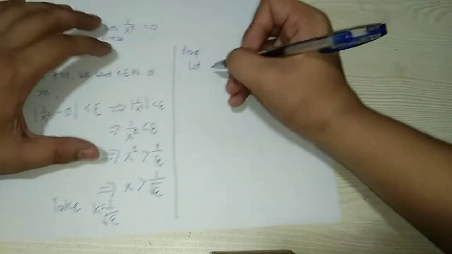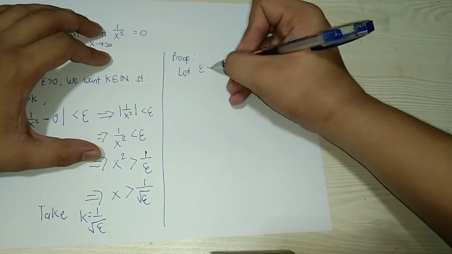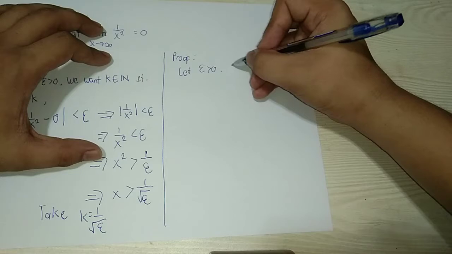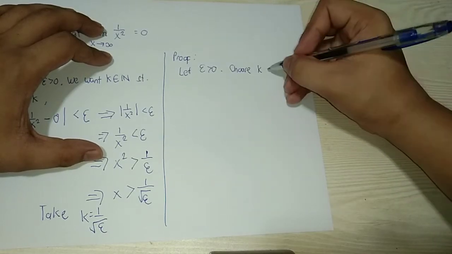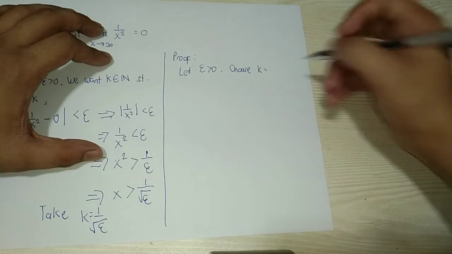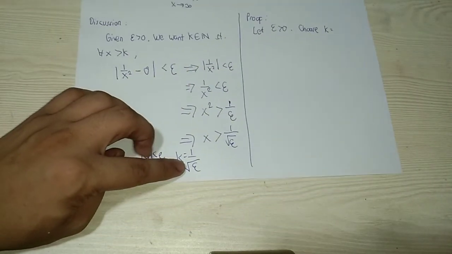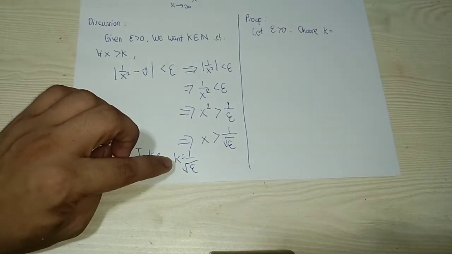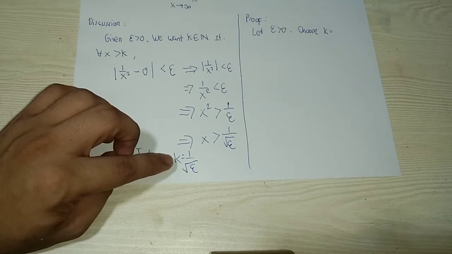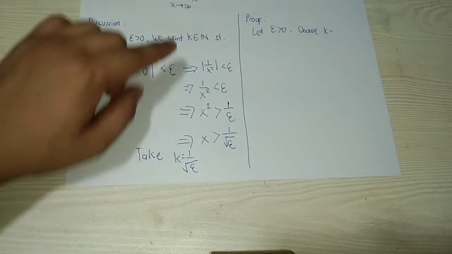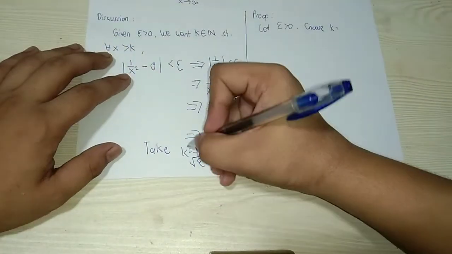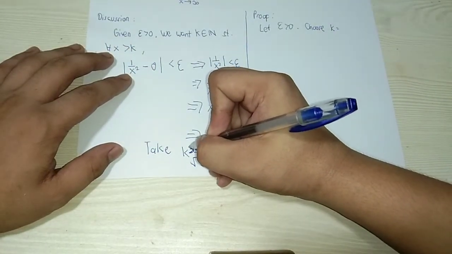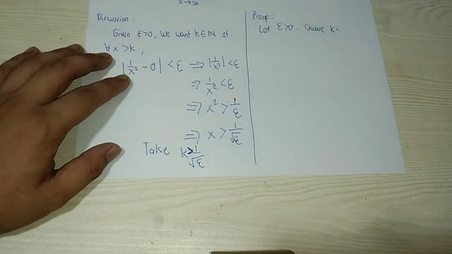Let epsilon greater than 0, choose k, natural number k, to be equal, no. We are not sure if 1 over square root of epsilon is a natural number, right? Our k should be a natural number. So let's say that k is just greater than 1 over square root of epsilon.